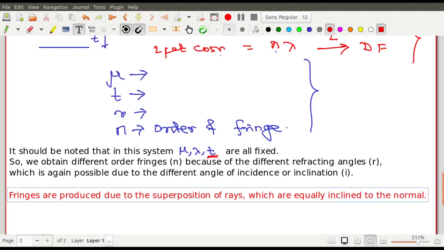I will explain after the diagram. So diagram makes everything clear. Which are equally inclined to the normal. These fringes are called fringes of equal inclination.